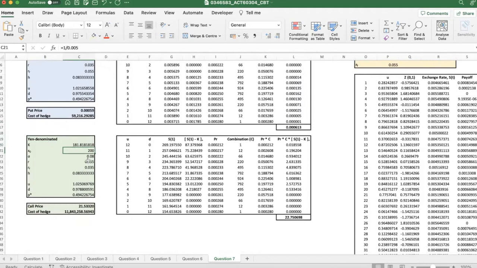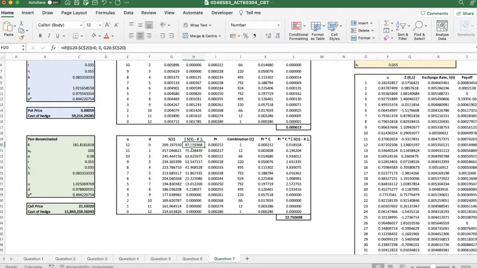All the concepts here are the same, except that in yen denominated, we will be buying a call because we want to hedge against the appreciation of yen, which is the direct opposite perspective of calculating it in terms of dollars.